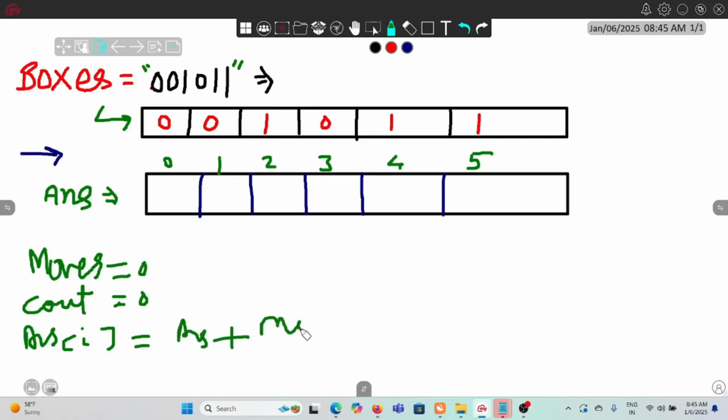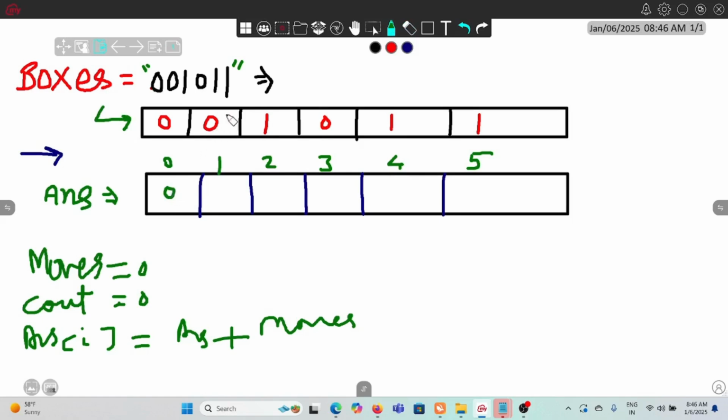Initially the moves are 0 only, so this would be 0. There is no left side, so there is no possibility of anything, so we have made it 0.